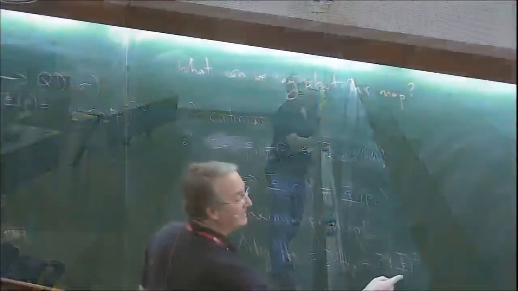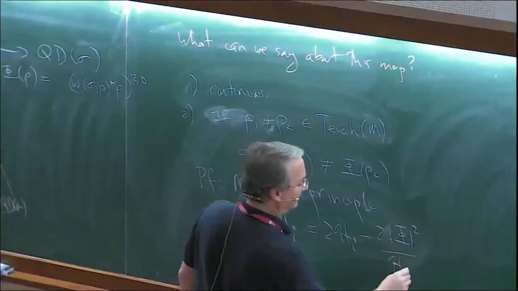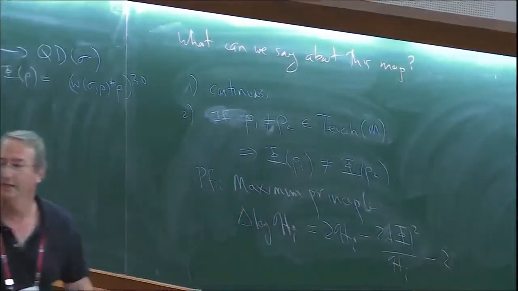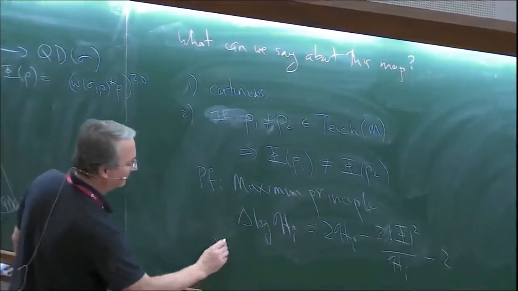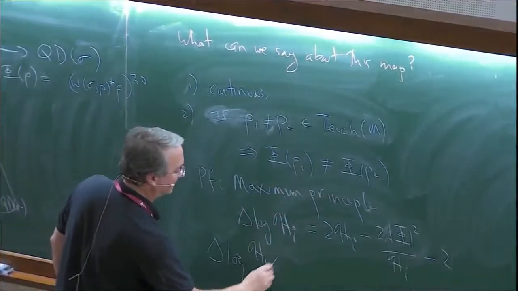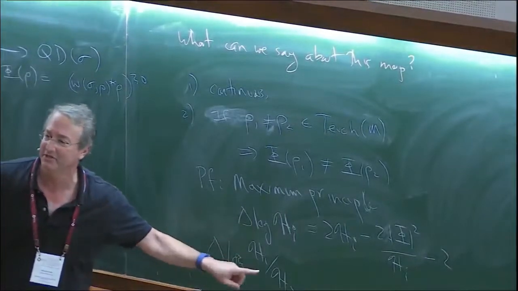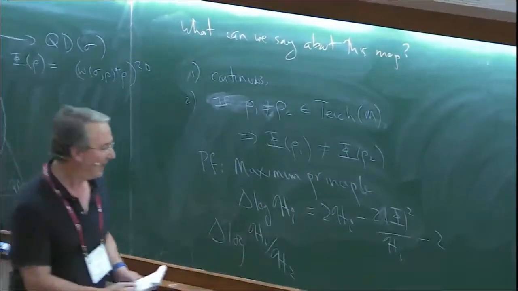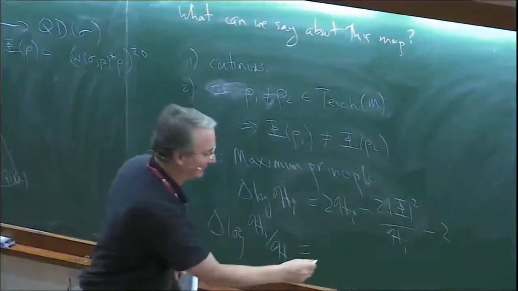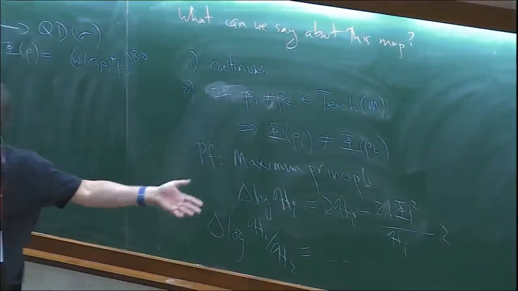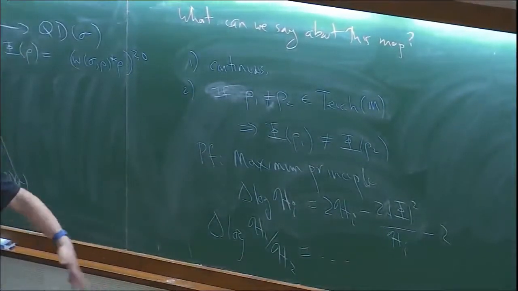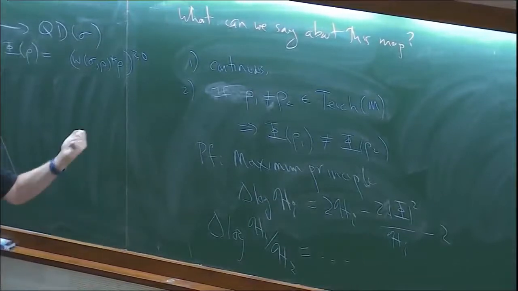Remember, the phis are the same. So I could look at the Laplacian of log H1 over H2. I want to show H1 is the same as H2, so I want to show that ratio is 1. Now subtract the other sides. Pretend it's not 1. If it's not 1, there's a place where it's biggest.